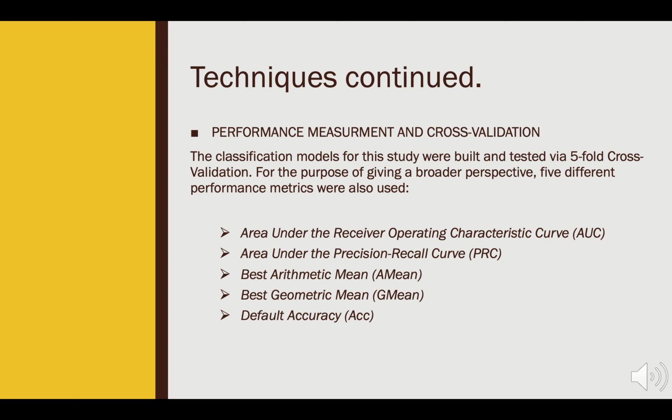Area under the precision recall curve, also known as PRC. Best arithmetic mean, also known as A-mean. Best geometric mean, also known as G-mean. And default accuracy, also known as ACC.